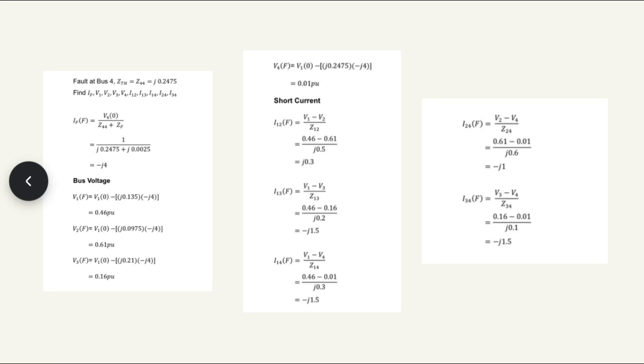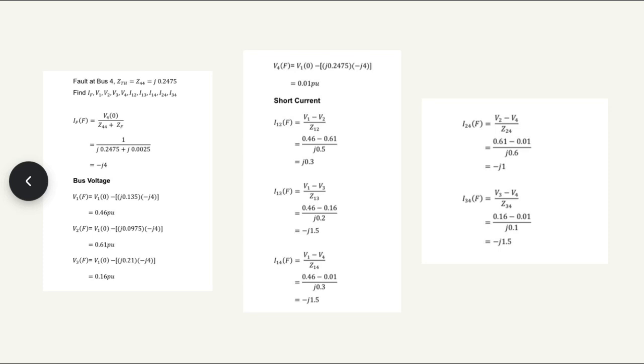For V2, the bus voltage is 1 minus negative j0.0975 multiplied by negative j4, and the answer is 0.91 pu. So until V4, and then we need to find the short circuit currents, which are I12, I13, I14, I24 and I34.